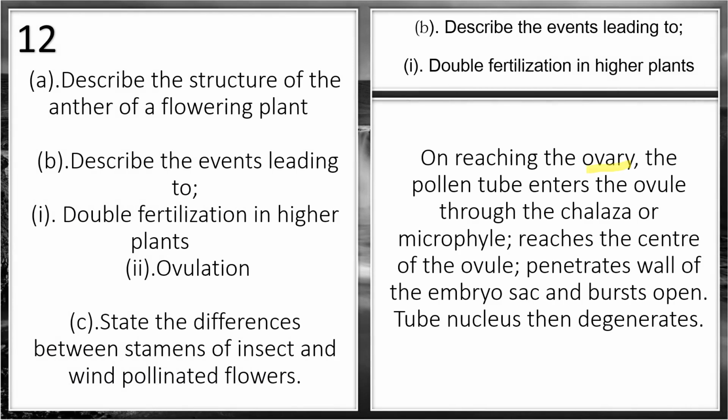On reaching the ovary, the pollen tube enters the ovule through the micropyle, reaches the center of the ovule, penetrates the walls of the embryo sac, and bursts open. The tube nucleus then degenerates.